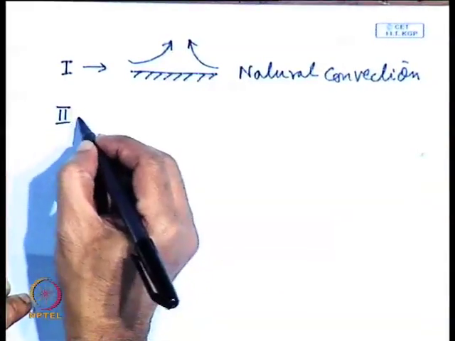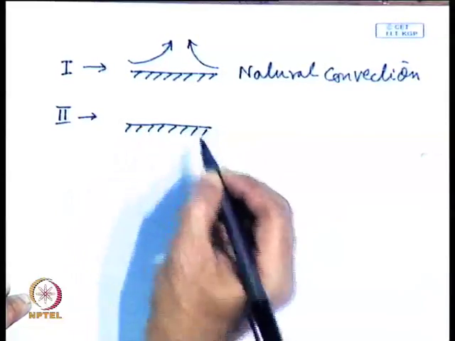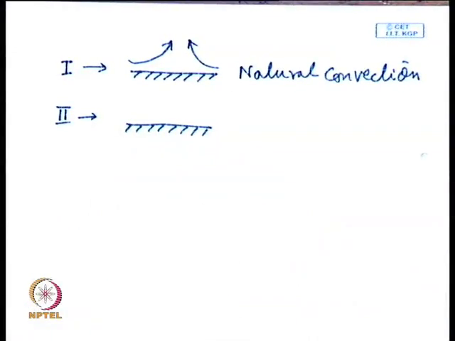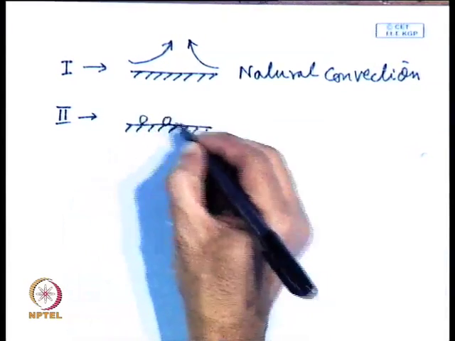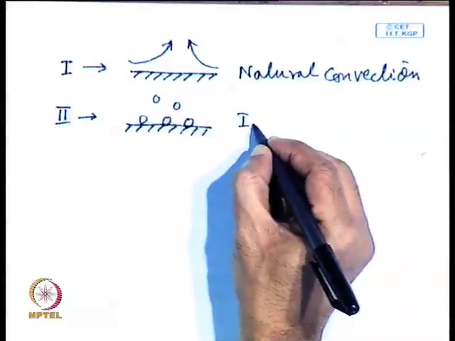Two is the regime of isolated bubble. So, now what has happened? Now, the solid surface temperature is more than the saturation temperature. So, bubbles are generating. So, this is isolated bubble.